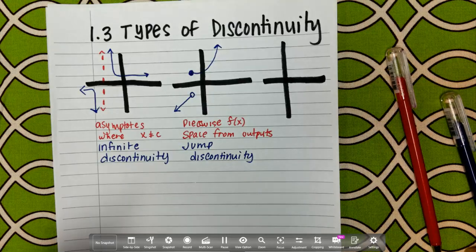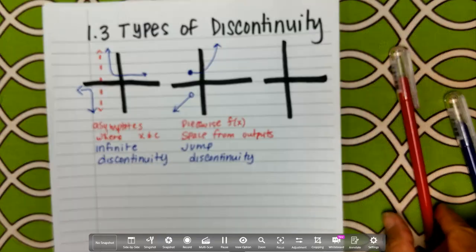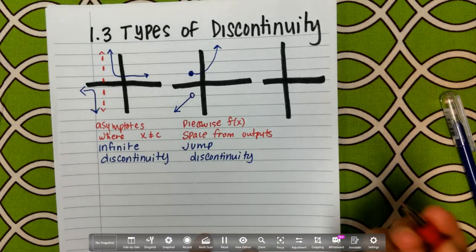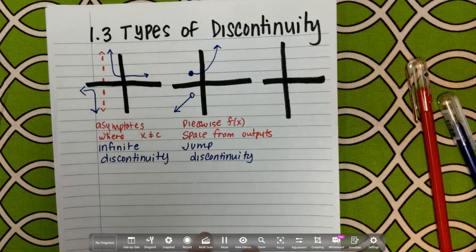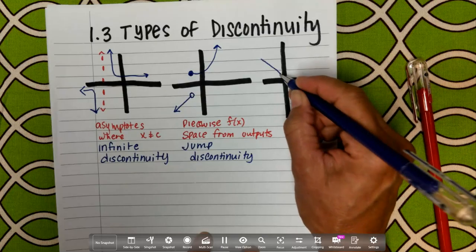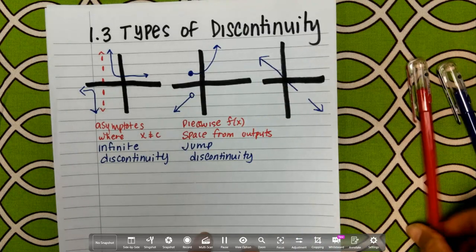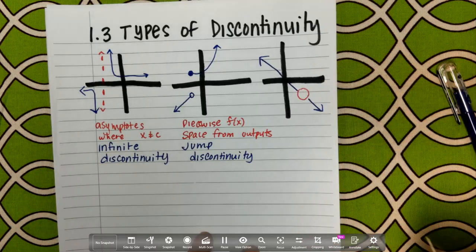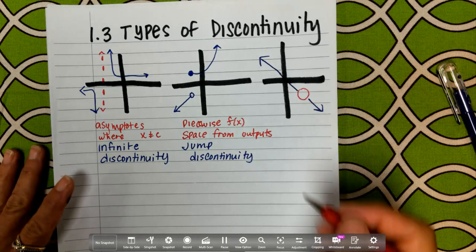And then the next one that we have is a hole. So a hole is going to be, again, we can use a line as an example. Let's say I have a line with a negative slope. And I have a discontinuity where a line is, like we would hop over that.